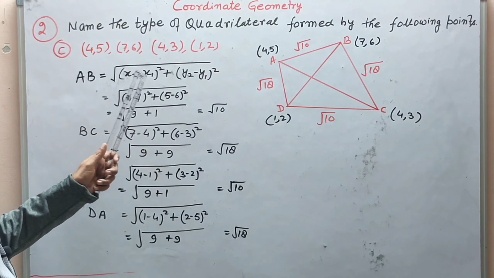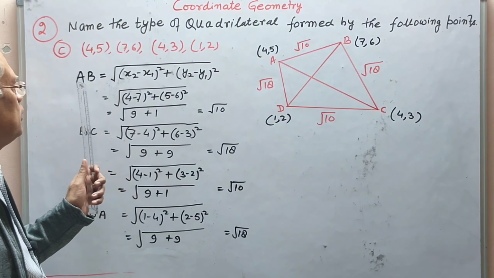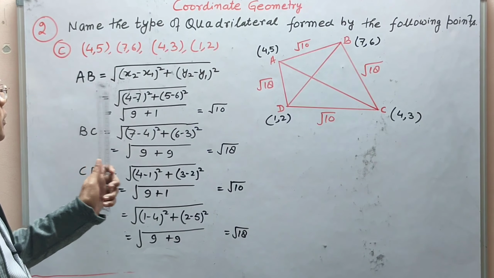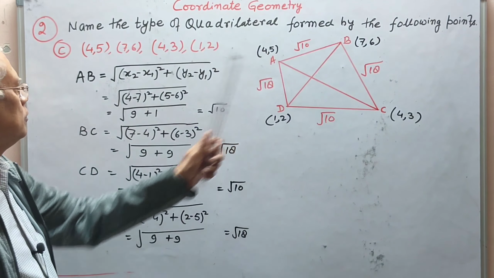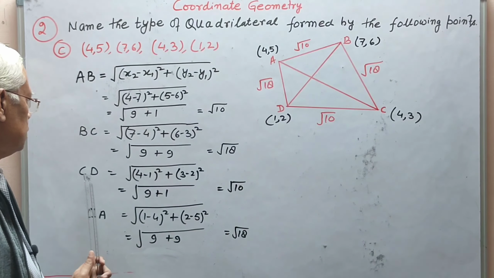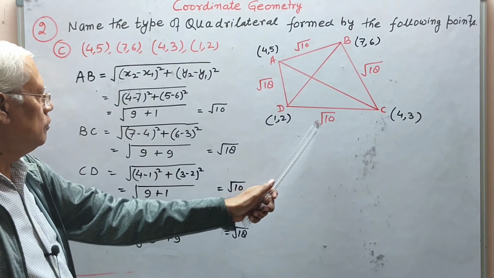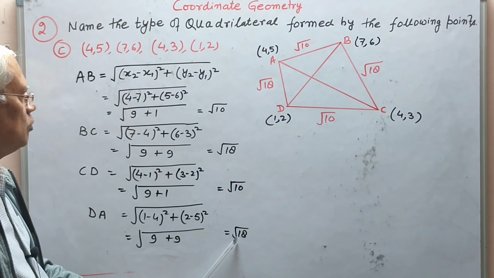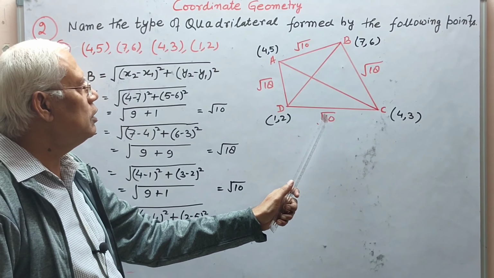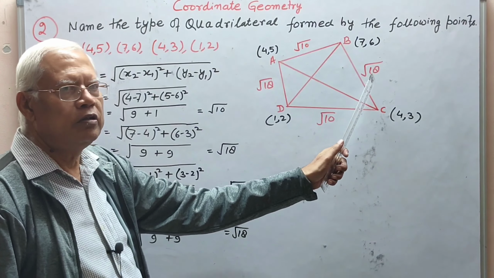With the help of distance formula, I have calculated lengths of AB, BC, CD, DA. AB is root 10, BC is root 18, CD is equal to root 10, and DA is equal to root 18. Clearly, opposite sides are equal.